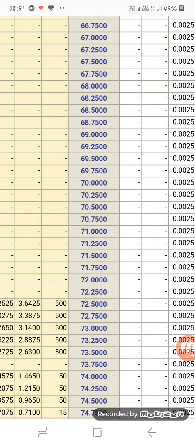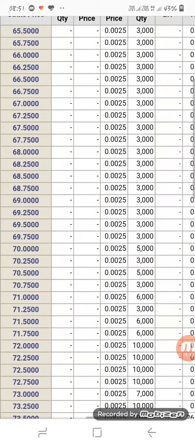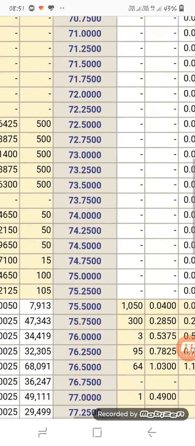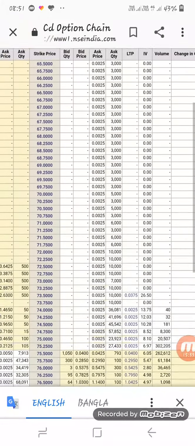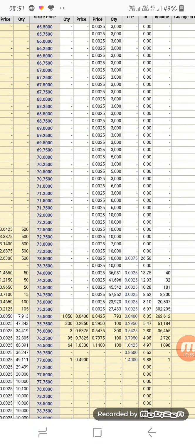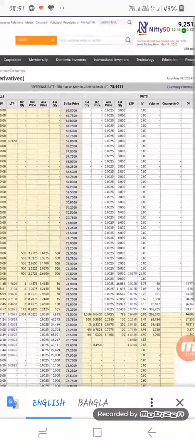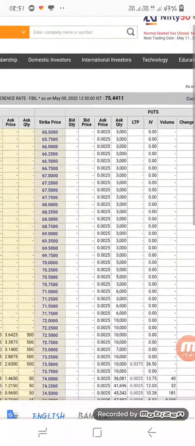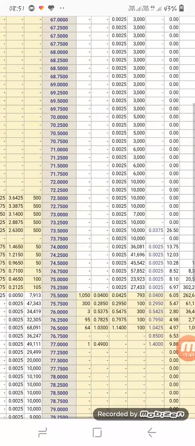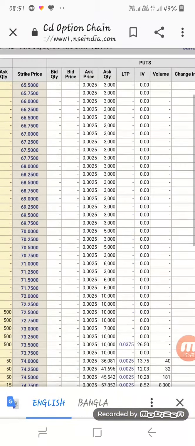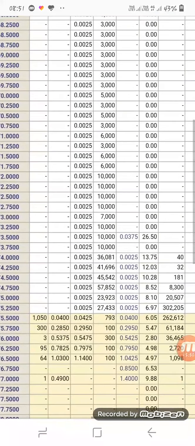So out here, suppose I'm selecting 74. So I don't have to pay 75.44. I just need to pay, as I've told you, the LTP out here.